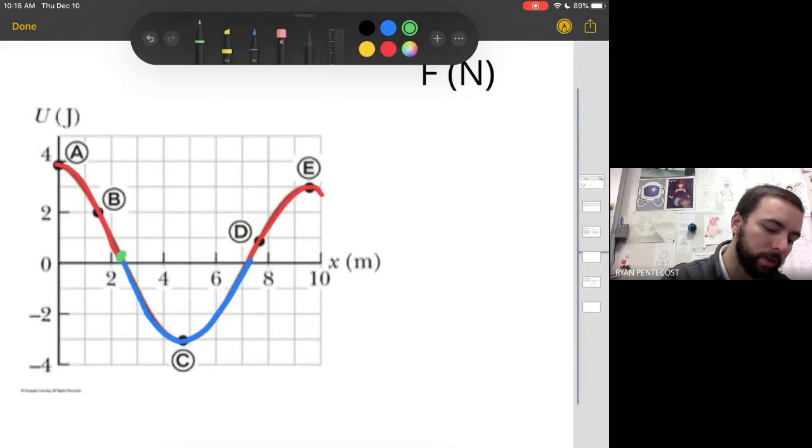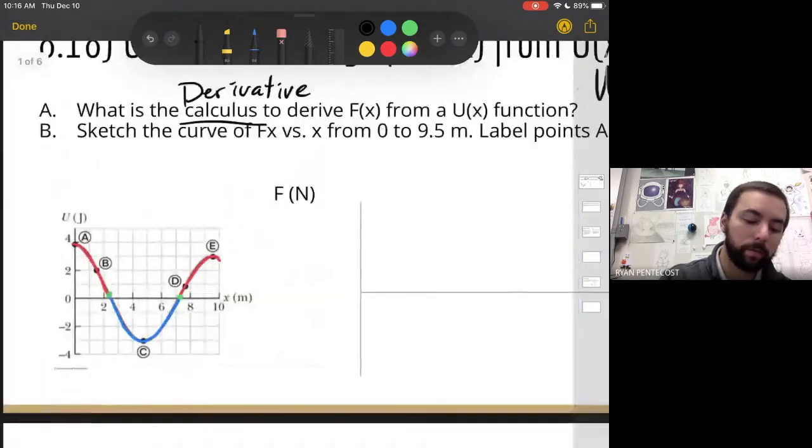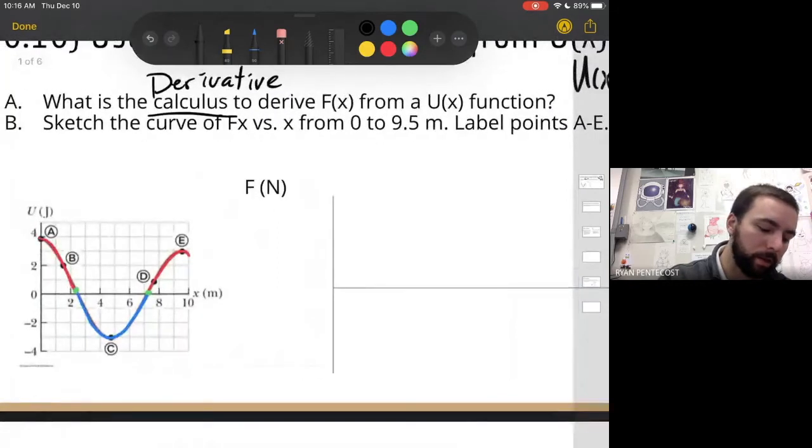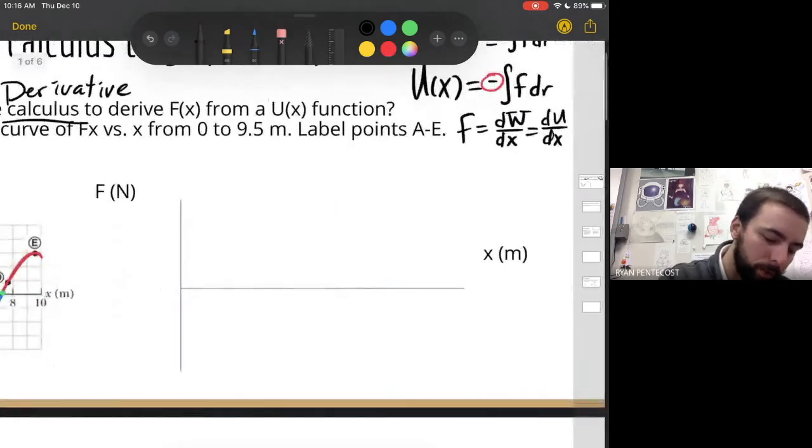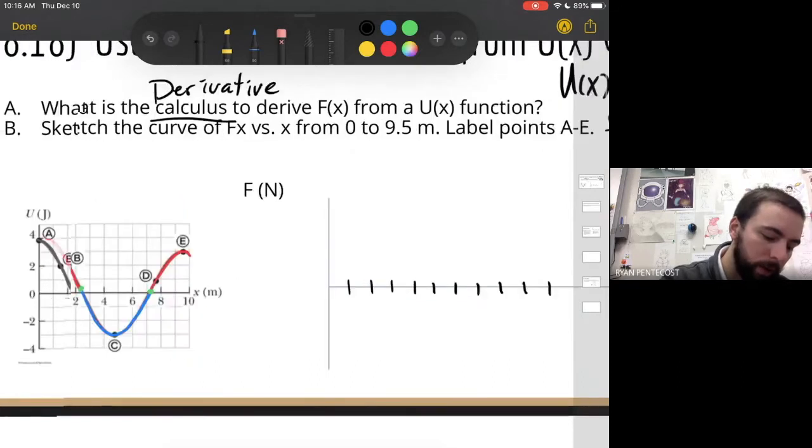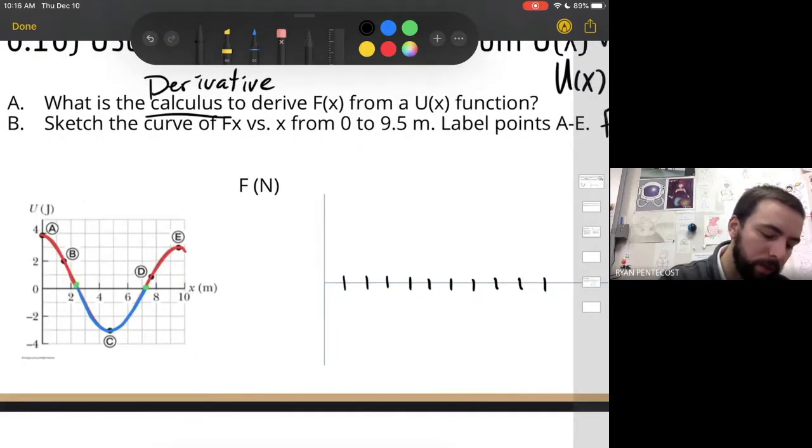I'm going to fudge the numbers and just put those at 0 energy. So wherever that hits, we're going to say that's 2.5 and 7. So let's put some hash marks: 1, 2, 3, 4, 5, 6, 7, 8, 9, 10. So at 2.5 and 7, those will be our inflection points.